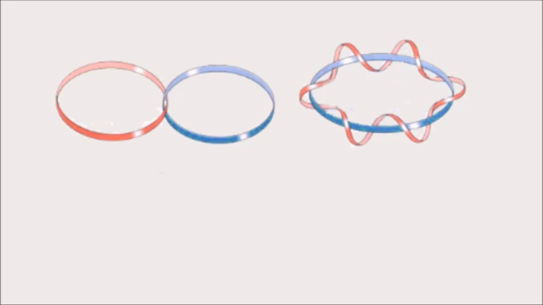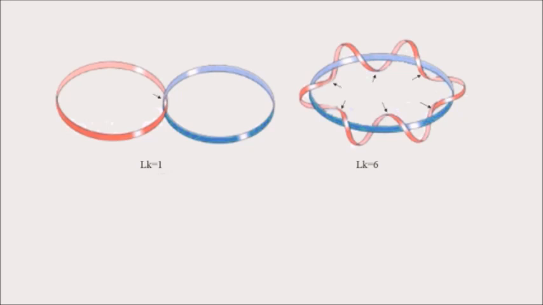Here I have two figures in which one has linkage number 1 and the other has linkage number 6. Now how does this come? The linkage number says how many times the second strand has passed over the first strand.